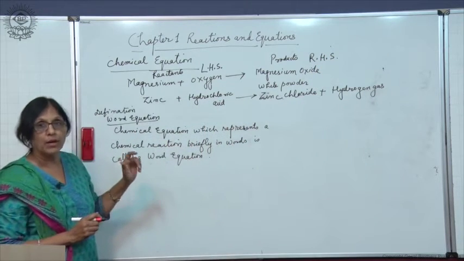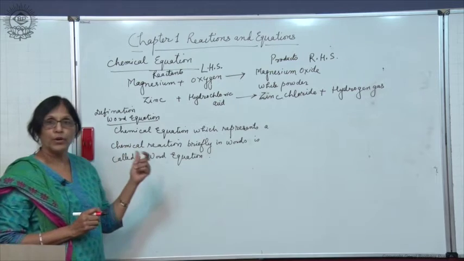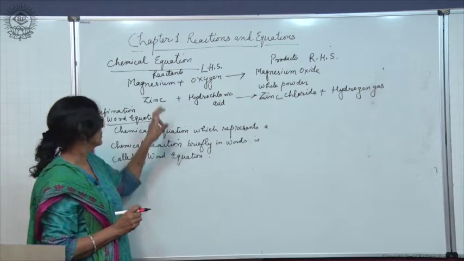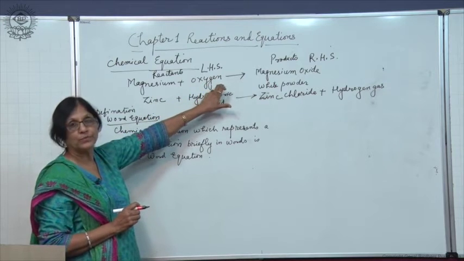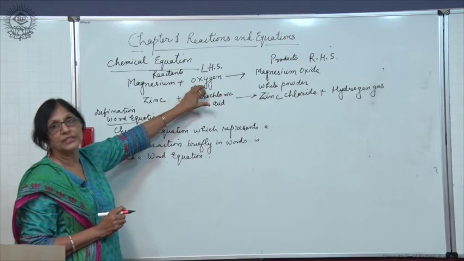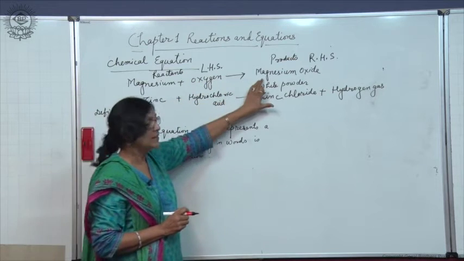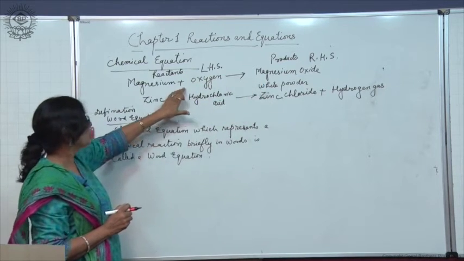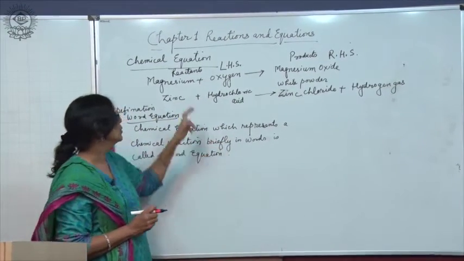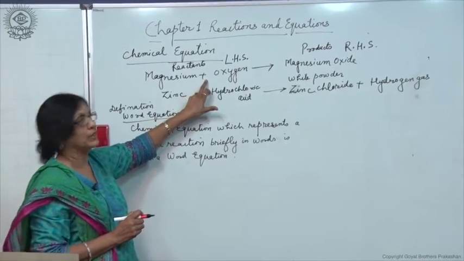If the number of reactants or products is 2 or more, as in this particular case where it is 2, a plus sign has to be written in between. Here it is only 1, here it is 2.